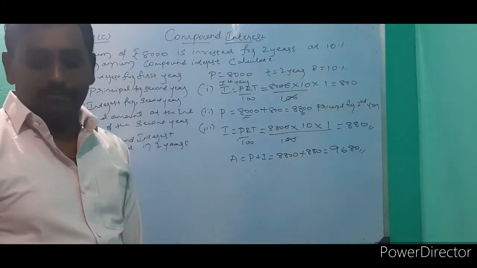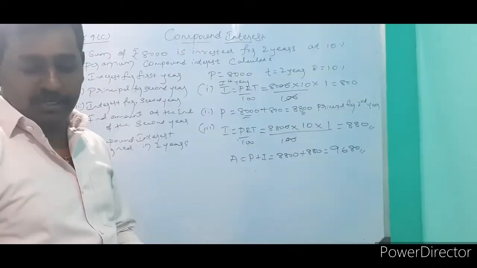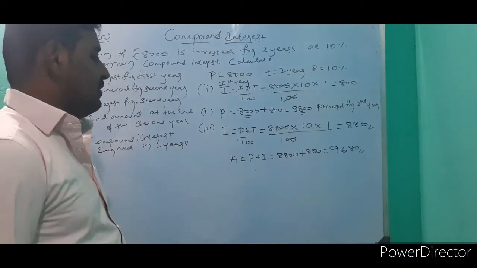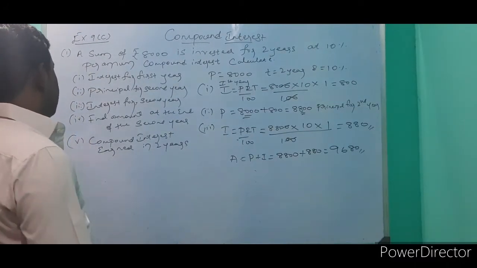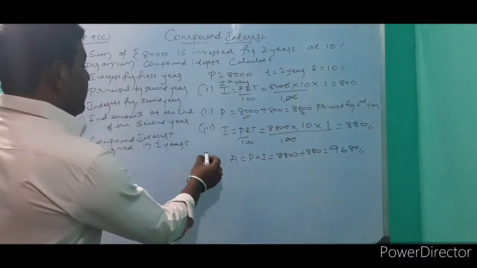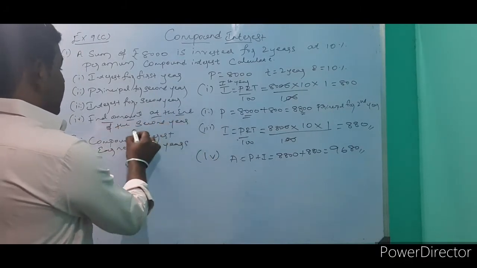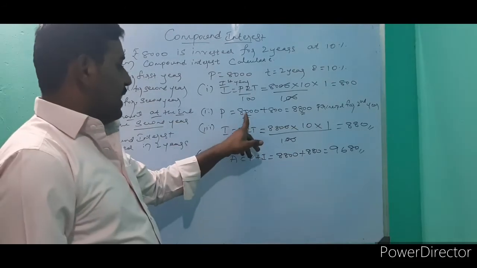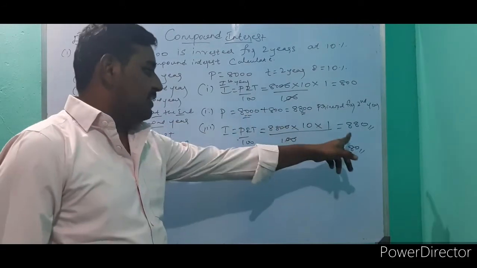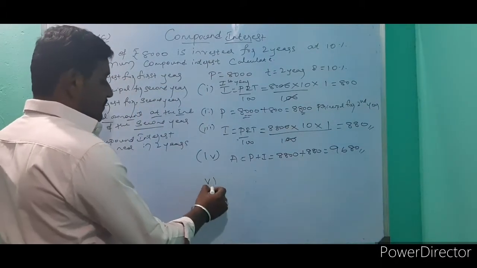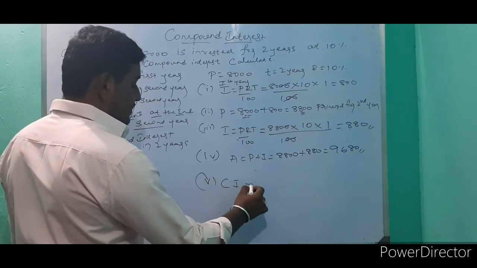This is the total amount of the final. For the fourth one, the final amount at the end of the second year, you have to add principal amount plus interest. That is 9,680. So for the last, fifth one, we have to find the compound interest.